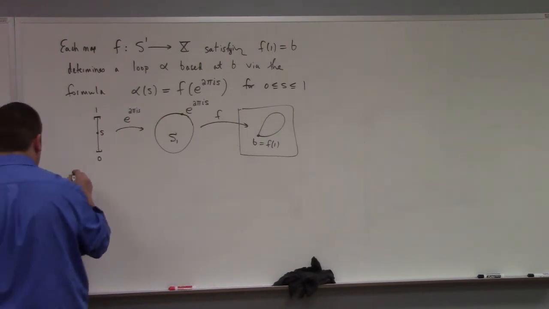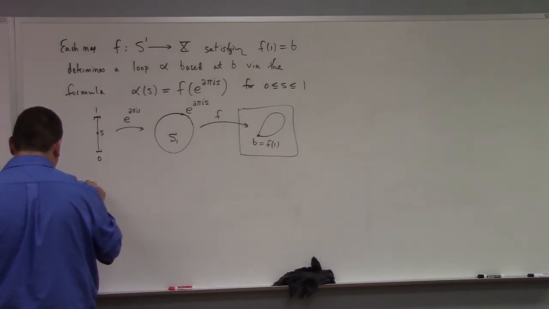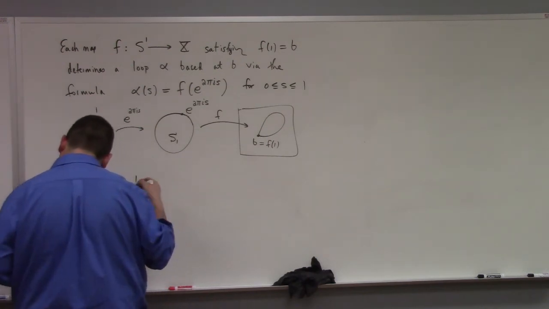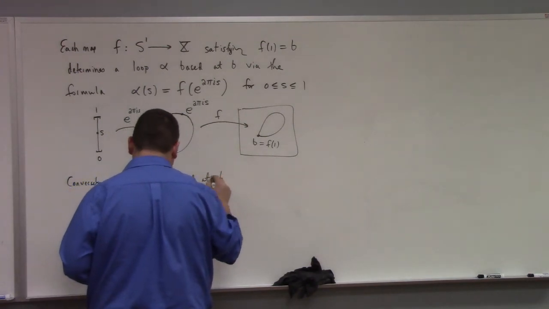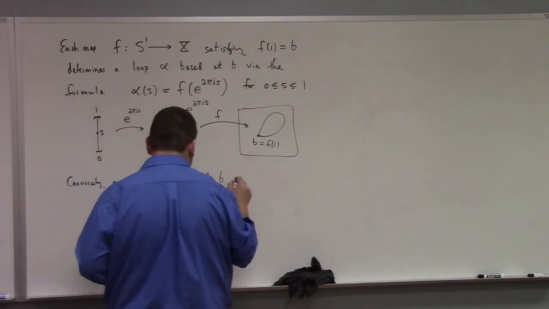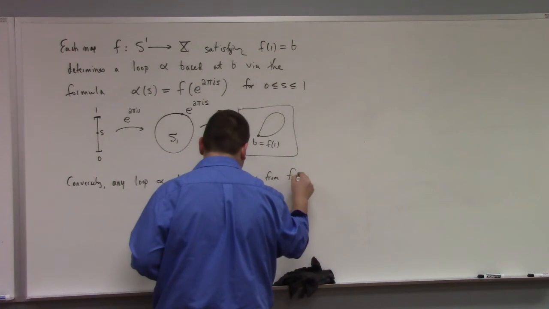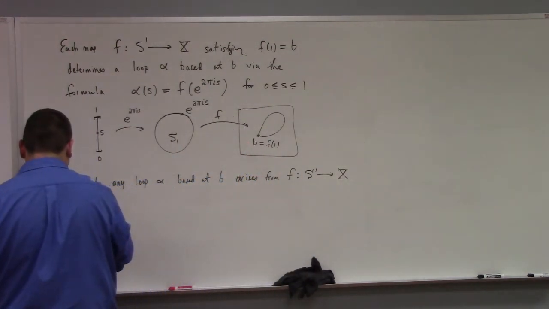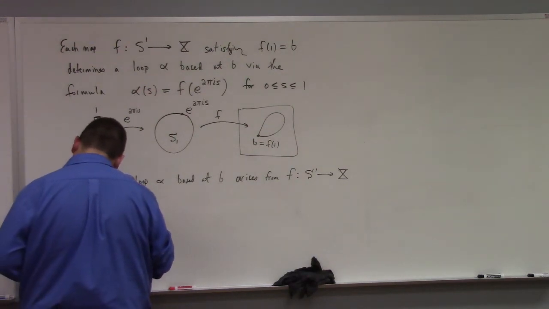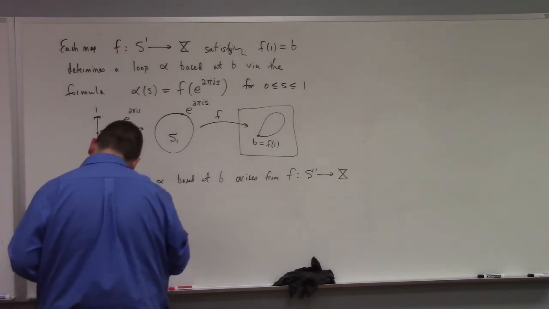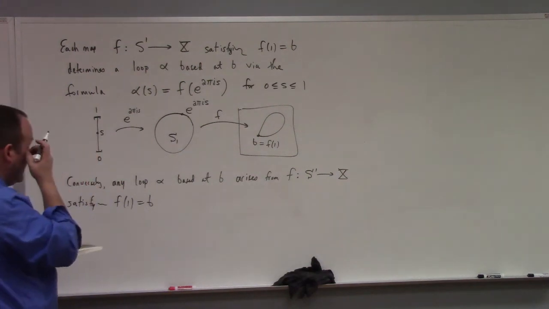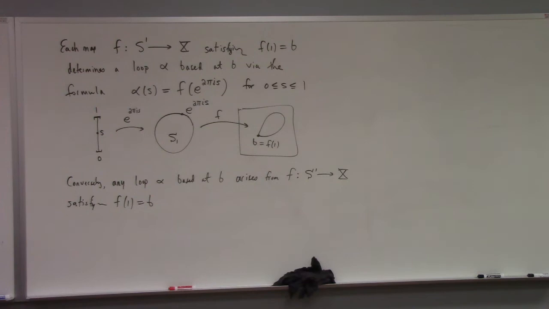And then he says, conversely, any loop alpha based at B arises from a map f from S1 to X satisfying f of 1 equals B. So how do you define f from the loop, if you were so inclined?